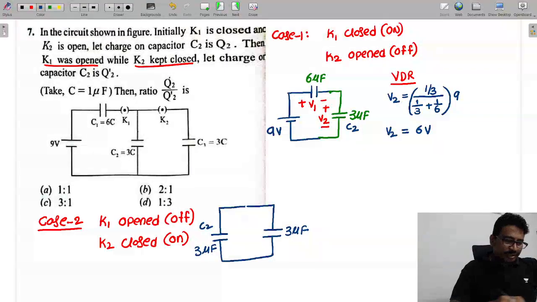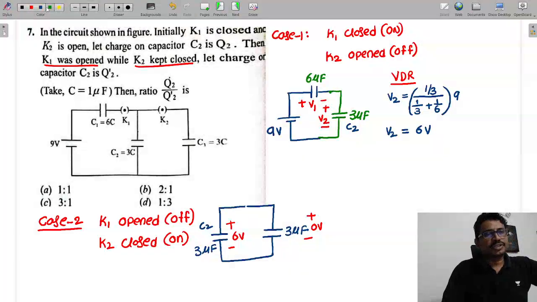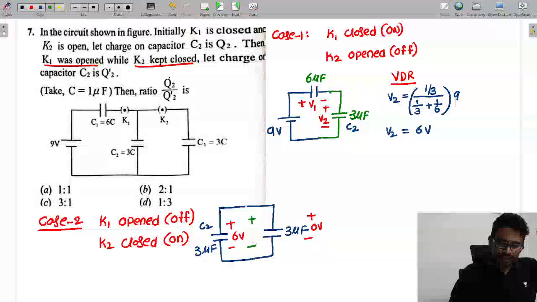Now initially this capacitor has a voltage. How much is the voltage of this capacitor? 6 volts. Initially this capacitor's voltage is what, tell me now? 0 volts. When the two capacitors are connected, they will reach some common potential. The common potential I am calling V. So tell me the common potential.